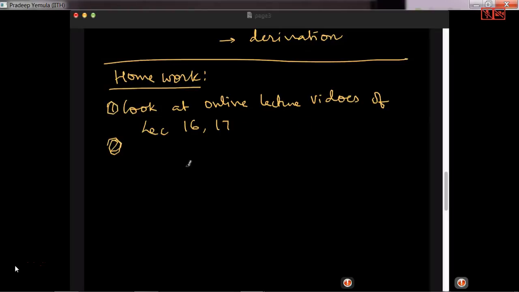The second homework is to practice the 3-bus problem of the NR method.